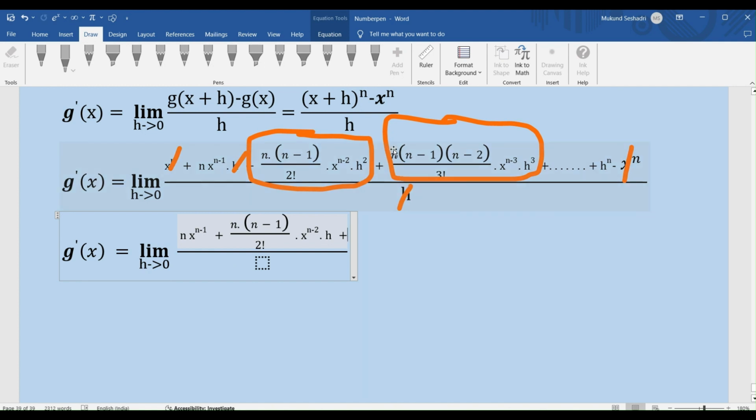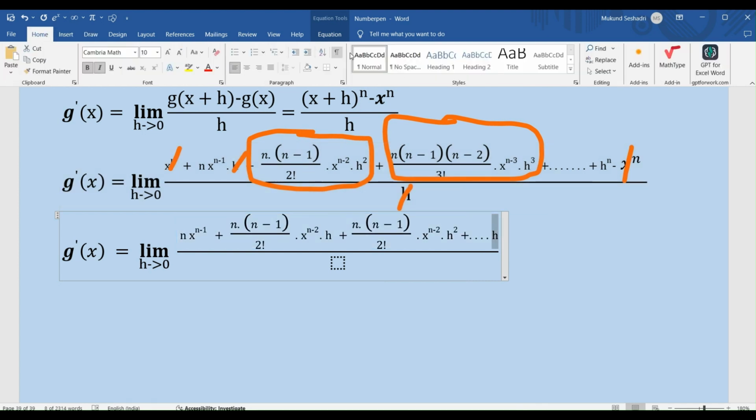So when I rewrite this, I can rewrite it like this, right? My h cube here becomes h square, right? And similarly, I keep going, plus I keep going to h to the power n minus 1, right?